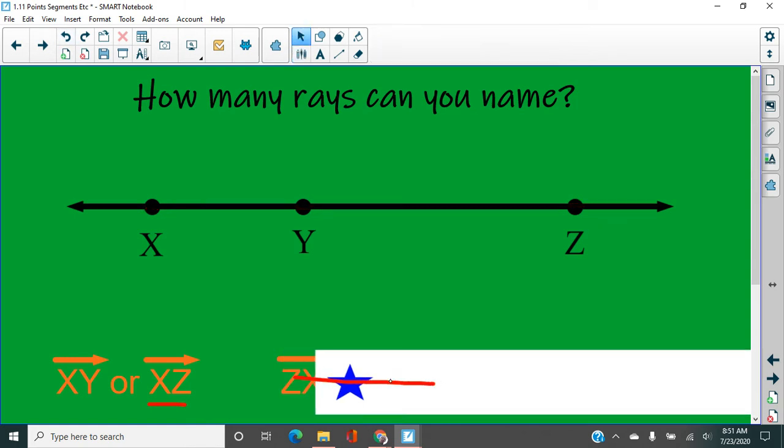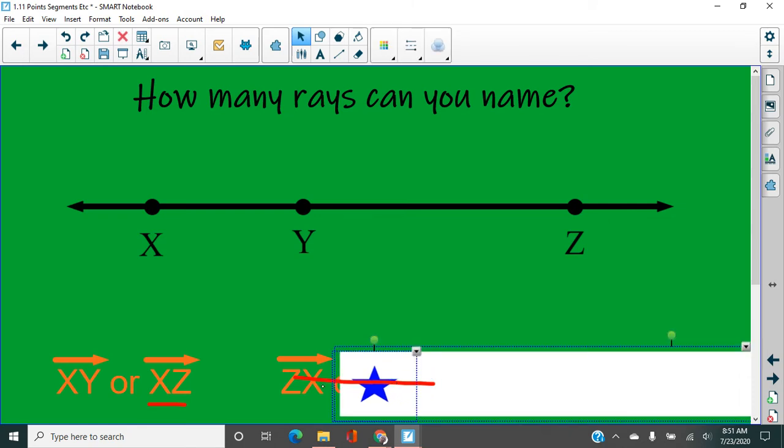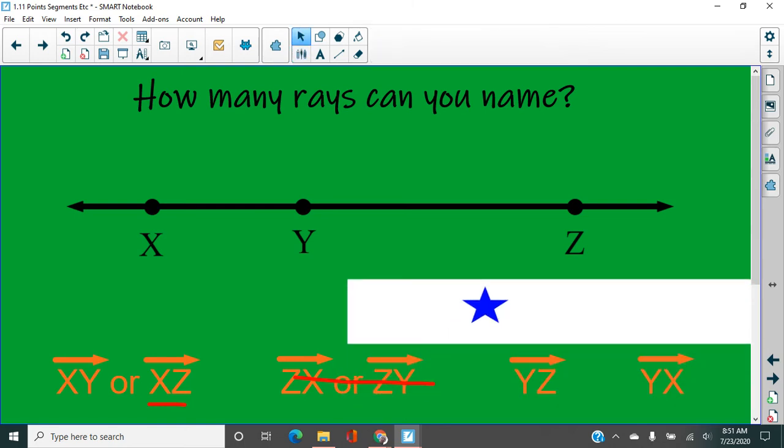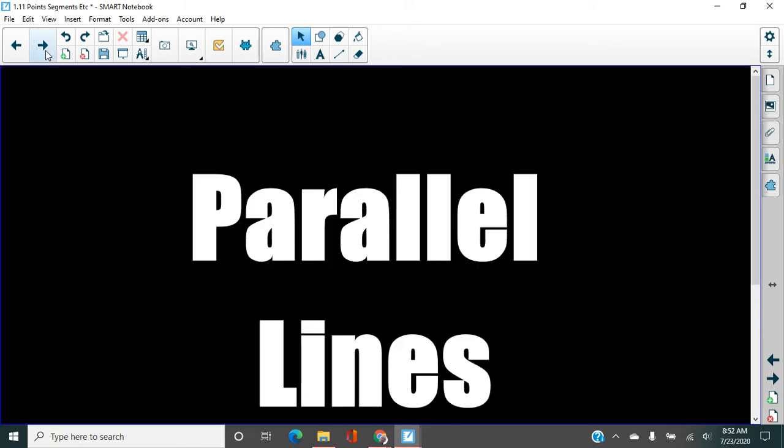We might talk about ray ZX, so going from Z and through X and on that way. I know it's a little weird here, but there's lots of different rays that we can pull out of a figure like this, right? Here's Y, Z, so starting at Y and going through Z, starting at Y and going through X. There's different rays that we could pull out of there.